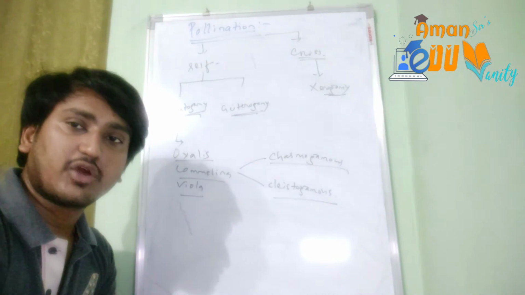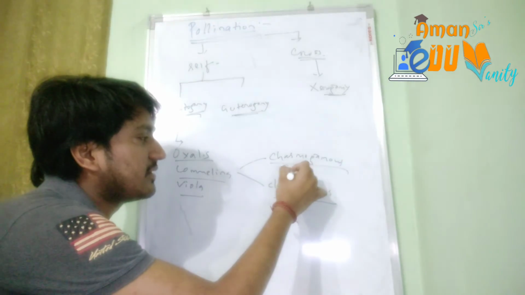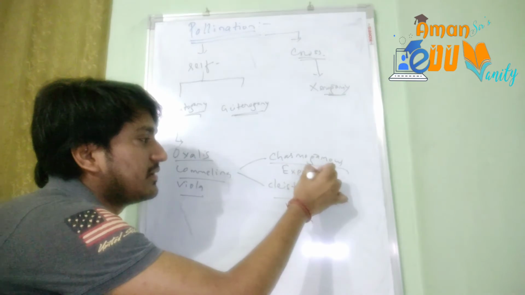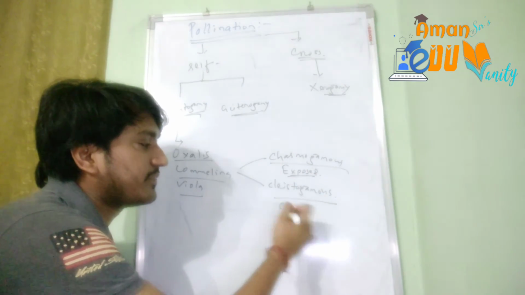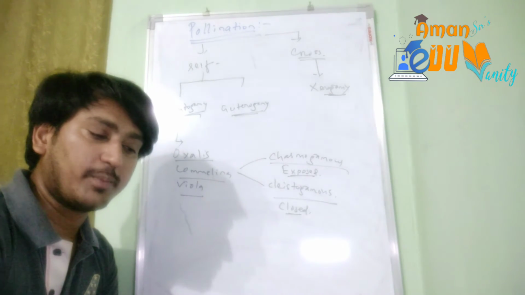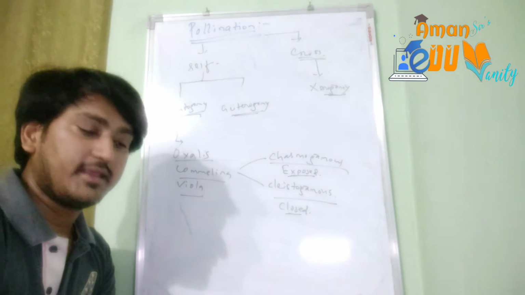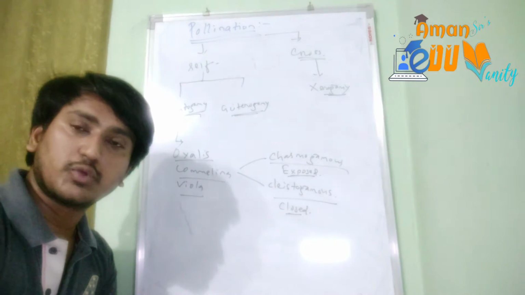Chasmogamous flowers are just like the normal flowers. They will have exposed anthers and stigmas. But the cleistogamous flowers are closed. They never open at all. In such flowers, the anthers and the stigma definitely lie close to each other.